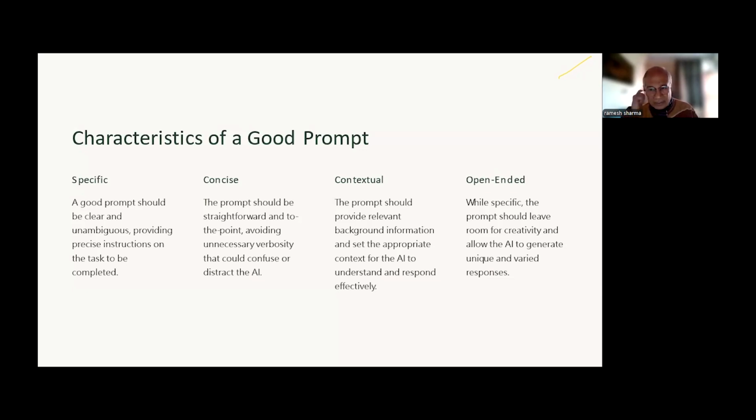There may be certain circumstances where you write an open-ended prompt, so that you can just say, okay, I'm giving you a topic, a thirsty crow, and write a story on that. So you let the AI express its creativity.